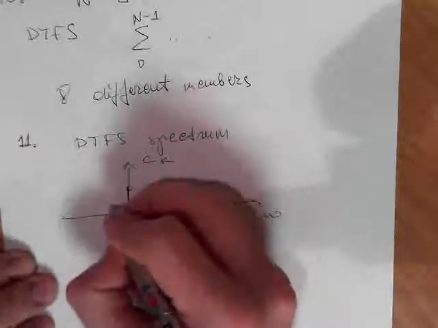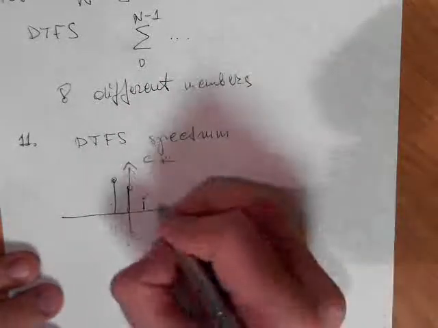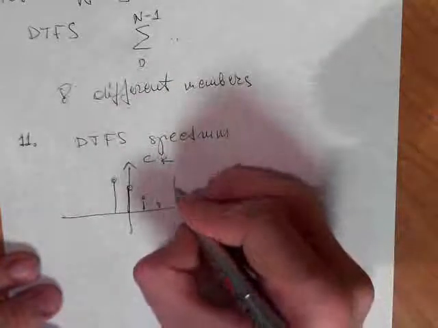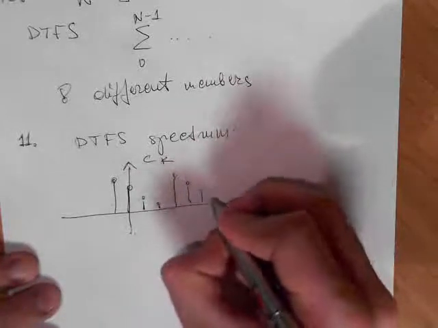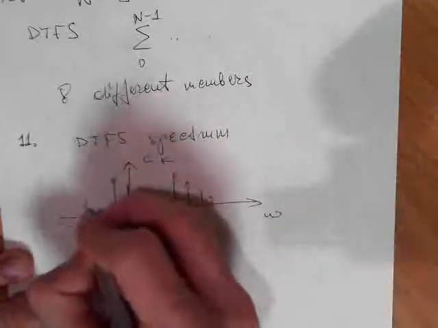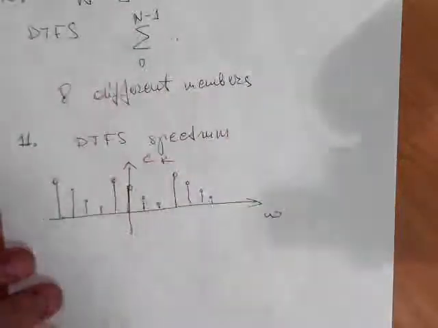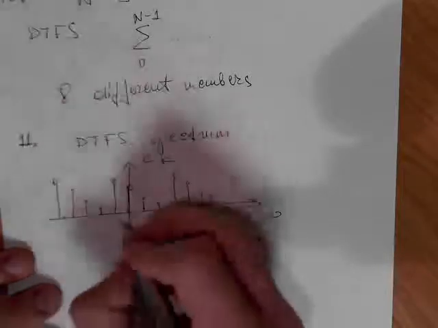The trick is that we have a periodic signal, so we have a periodic spectrum. The spectrum is periodic, and we can see that this signal is repeating.